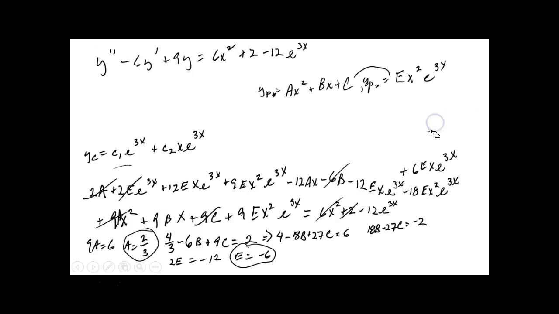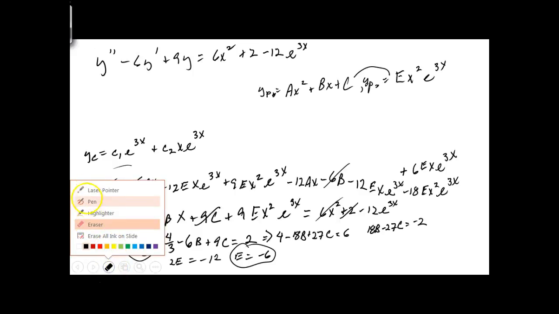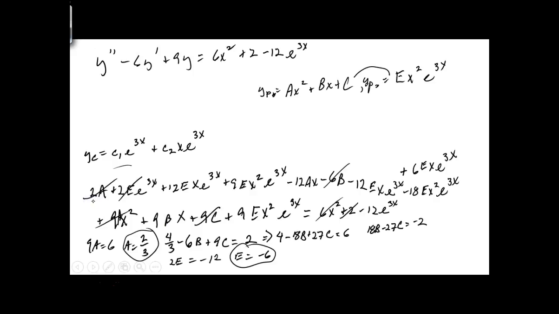Let's see. Okay. Now we got it. So, let's do our x e to the 3x's. There we have 12 times a minus 6 is going to be a minus 72.